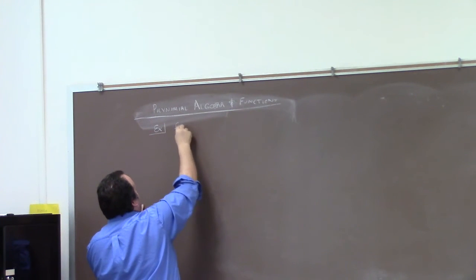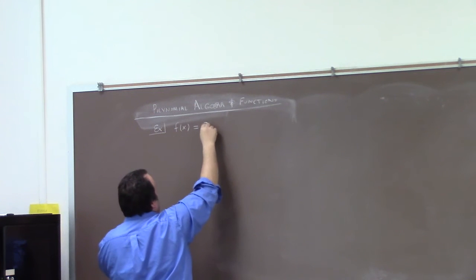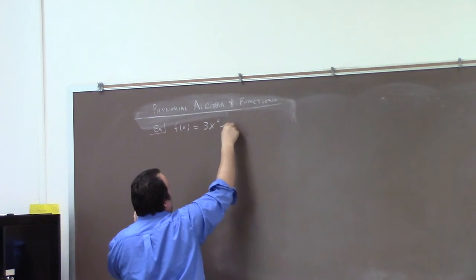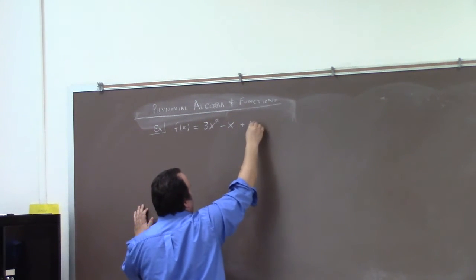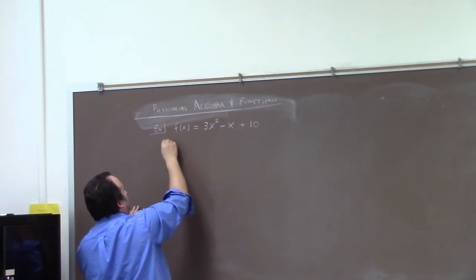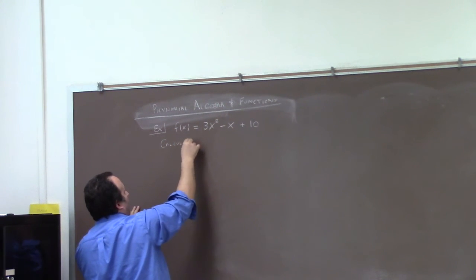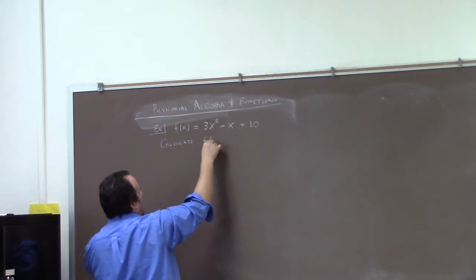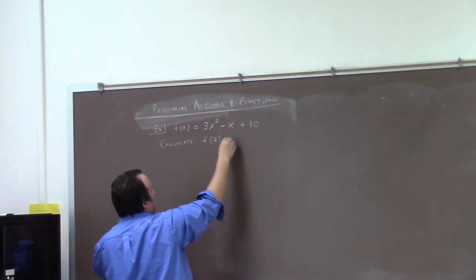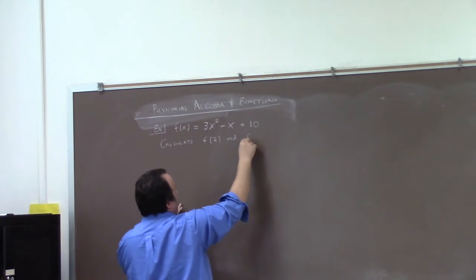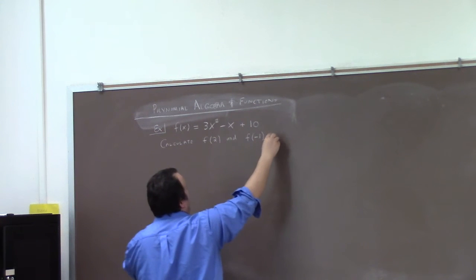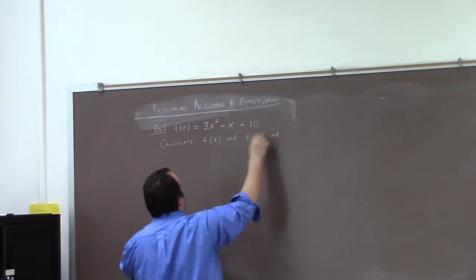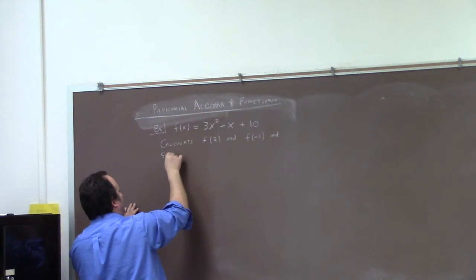So let f of x equal 3x squared minus x plus 10. I want you to calculate f of 2 and f of minus 1 and simplify your answer.